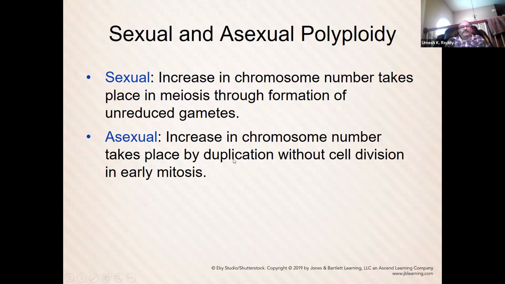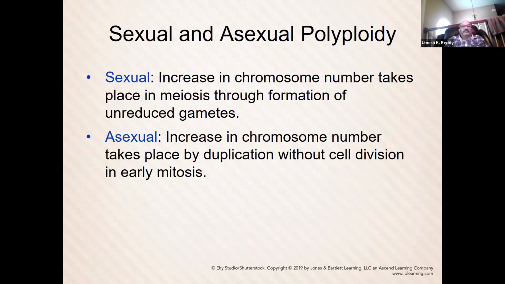Some problem in the spindle fiber formation, and then 2n becomes 4n. So either way, either the sexual fashion, which is unreduced gametes, or here, reduced gametes but the zygote became doubled. So both ways it can produce polyploidy. This is all discussed, so we are revising.